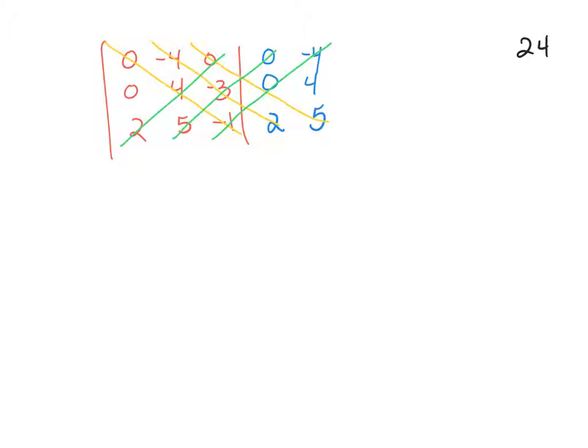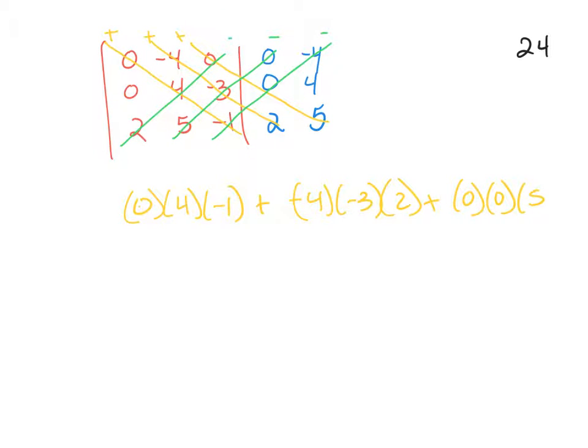Okay, guys, so now we're going to take the yellow stuff. And the yellow, we're going to add these. So these are going to be pluses. And the green are going to be minuses. And I'll explain in a minute. I want you to write it all out before we even start to do the math. So it's going to be 0. Put them all in parentheses, times 4 times negative 1, and then yellow is plus, plus negative 4 times negative 3 times 2, plus 0, 0, and 5.